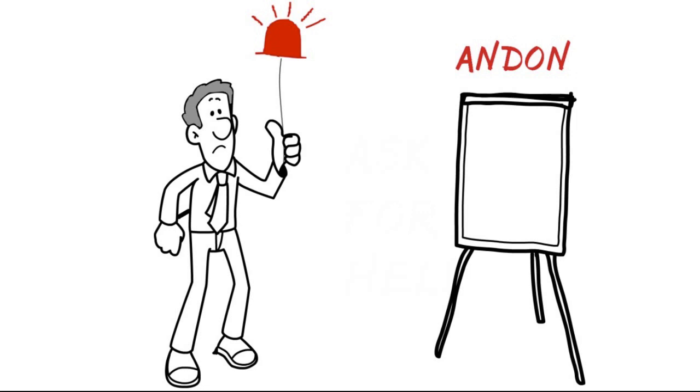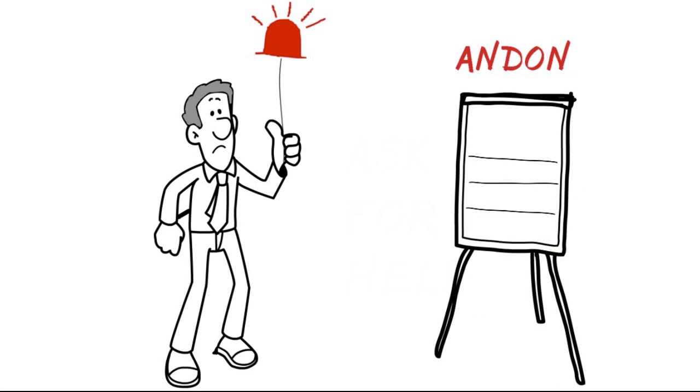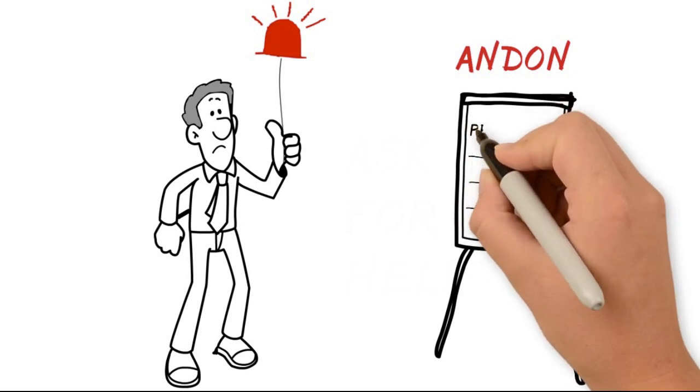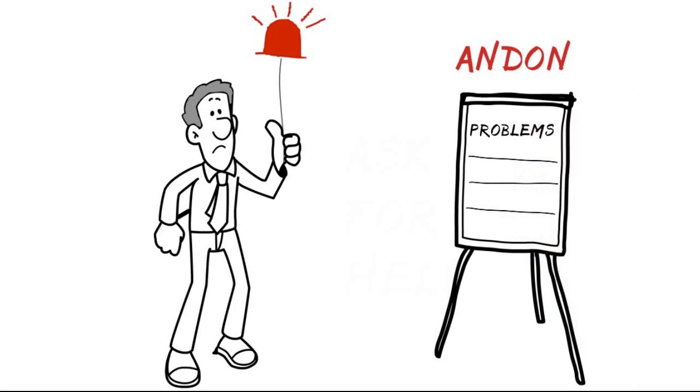In manufacturing environments, perhaps you would have a production by the hour board. Or in a hospital or an office setting, you could just have a whiteboard or a flip chart that's set up where the workers can write down the problems or abnormalities that they are experiencing.